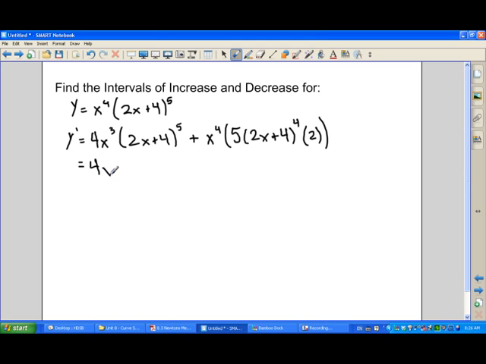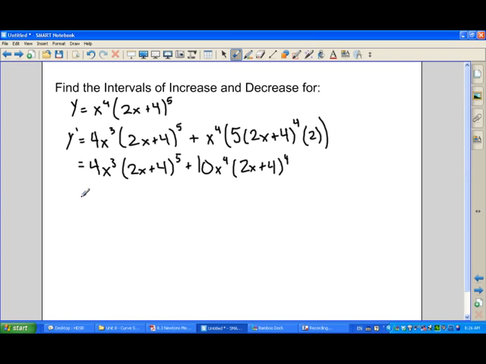Simplifying, 4x to the power of 3 times (2x plus 4) to the 5th plus 10x to the power of 4 times (2x plus 4) to the 4th.